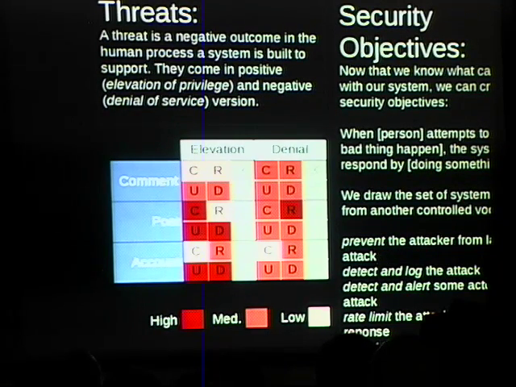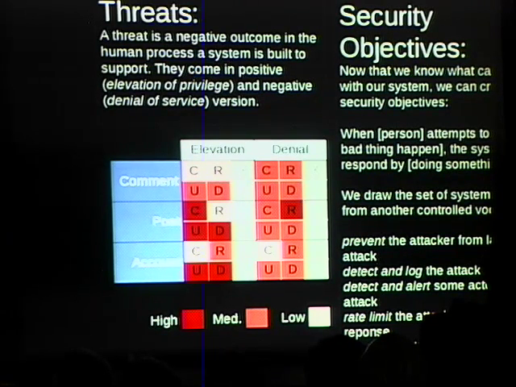Now, these are basically negative outcomes in the system, right? Anything that can go wrong is either someone being able to do something they're not supposed to be able to do, or someone who's supposed to be able to do something not being able to do it. We don't bother specializing threats out on a per actor basis because it just gets too complicated.